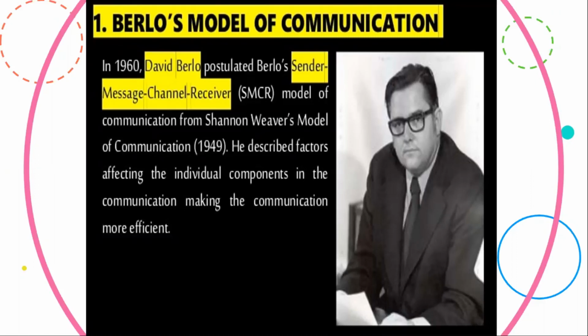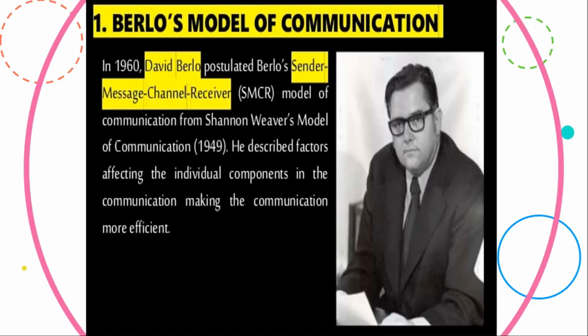Let's first discuss the source or the sender. The source is the one who transfers the information to the receiver after carefully putting these thoughts into words. The message: when an individual converts her thoughts into words, a message is created.